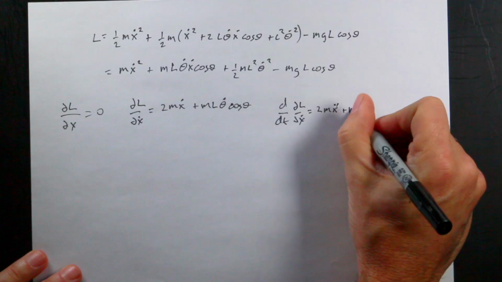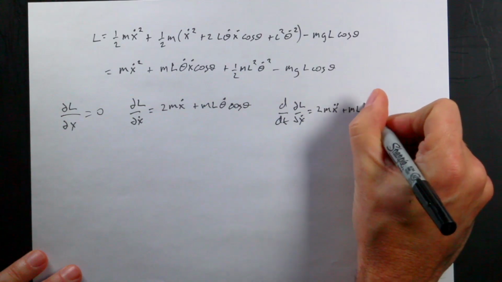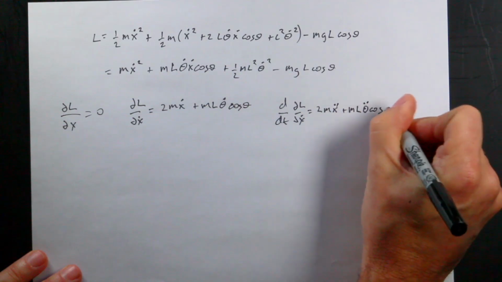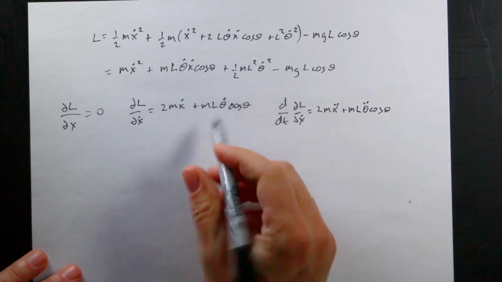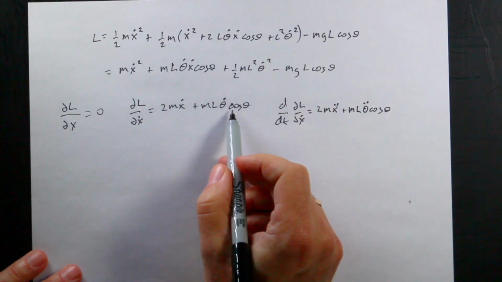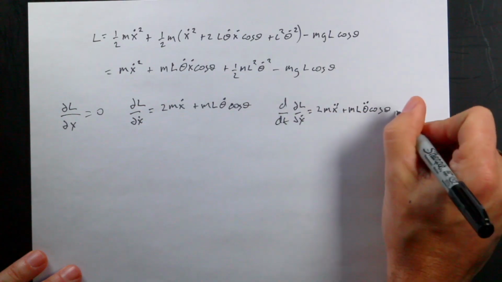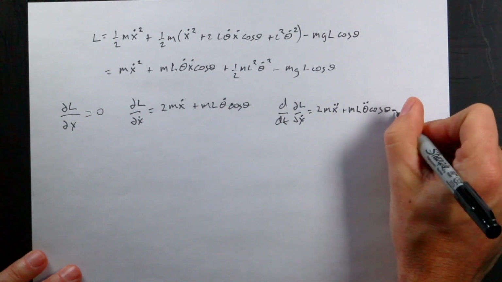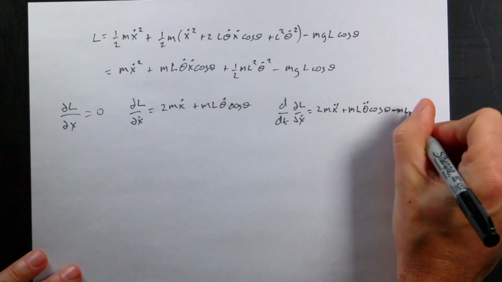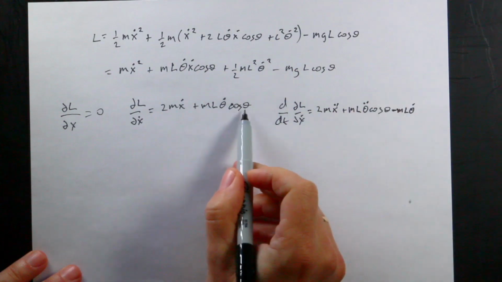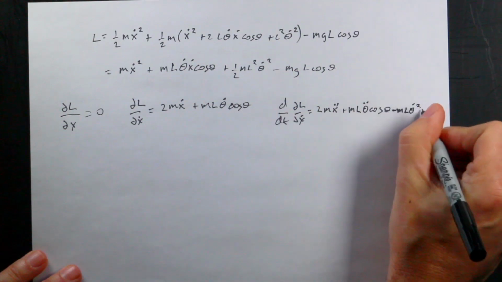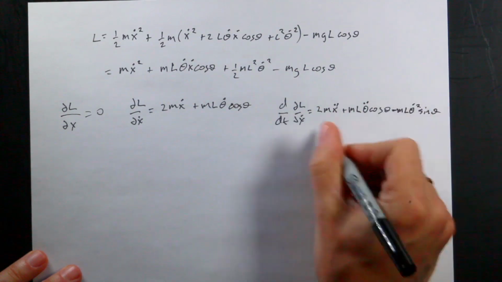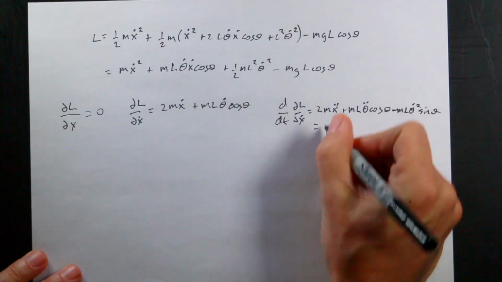So I'm going to get plus m L theta double dot cosine theta, minus, because the derivative of cosine theta has a negative sign, minus m L theta dot, and then I'm going to get another theta dot in there, squared sine theta. And that is equal to 0.